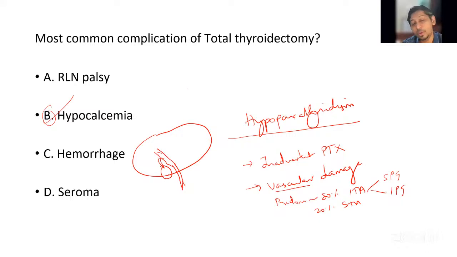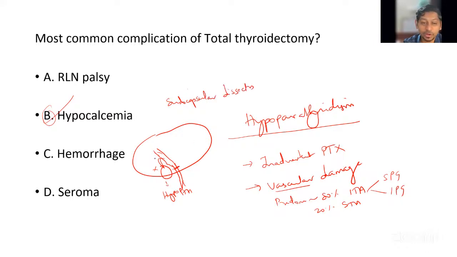So when we do a total thyroidectomy, if we are going to ligate the inferior thyroid artery here, then the supply to the parathyroid gland will be lost, and here you will have hypoparathyroidism. Whereas we do something called a subcapsular dissection. So these are all important terms. We do something called a subcapsular dissection.